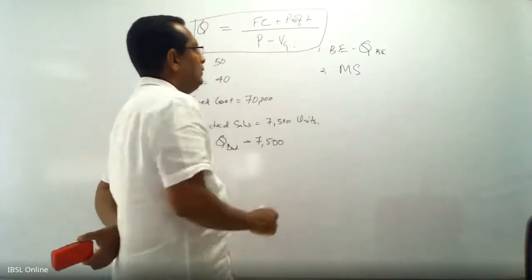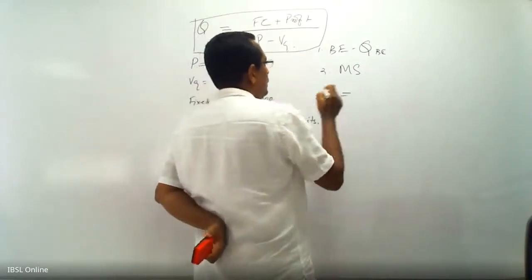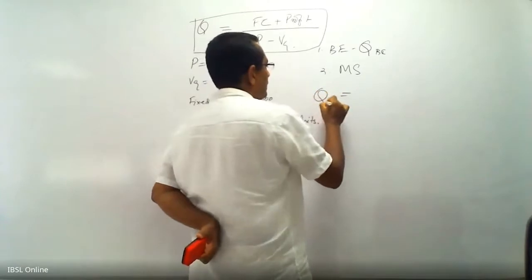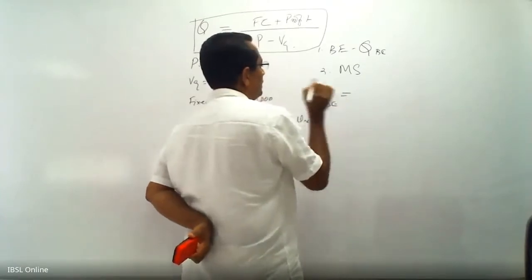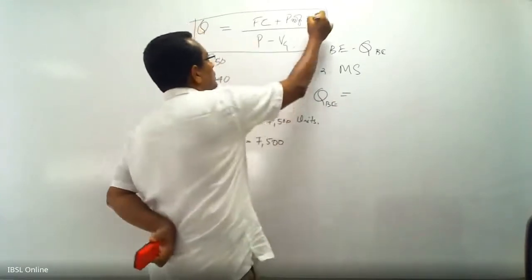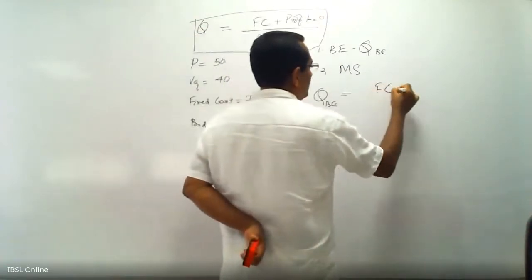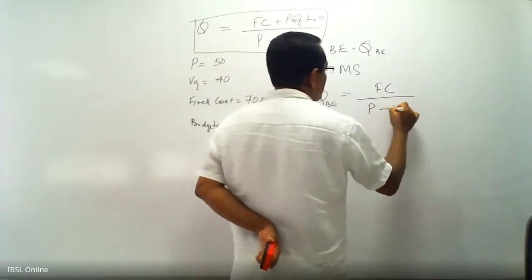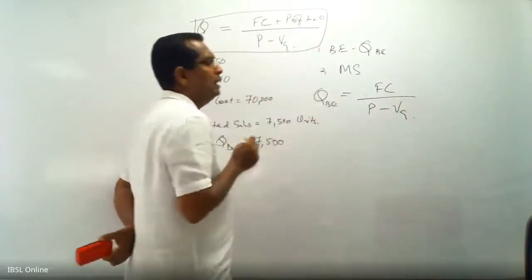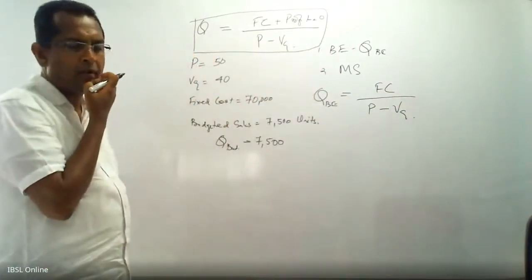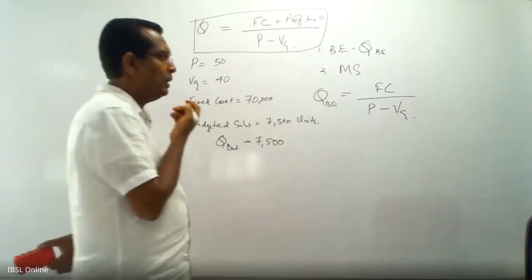Right? Q equals, you want to find out break even quantity. That means this is 0. So fixed cost divided by price minus variable cost per unit is your formula.